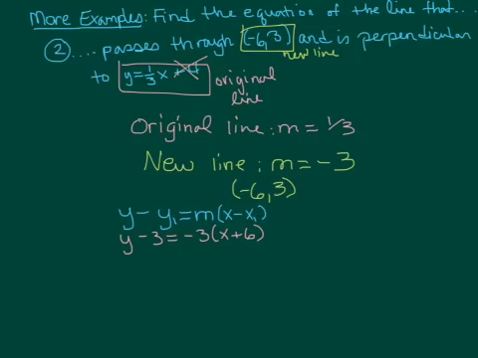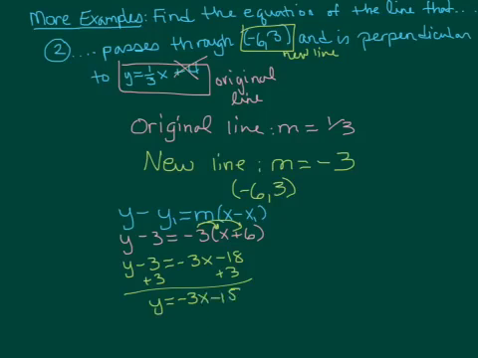However, I just asked you, please write it in slope-intercept, so we're going to go a little bit further. We're going to distribute that -3. Don't forget to also distribute the negative with the 3. Now, we are going to move over that 3 on the left-hand side. We get y equals -3x minus 15.